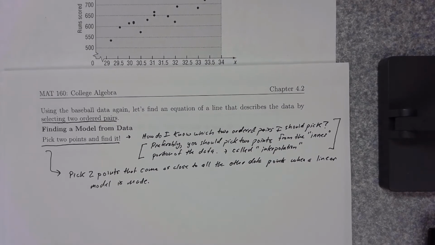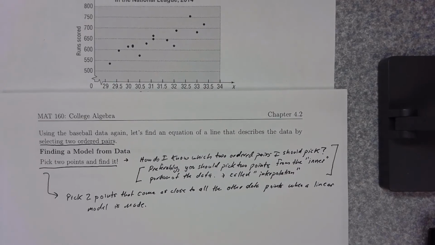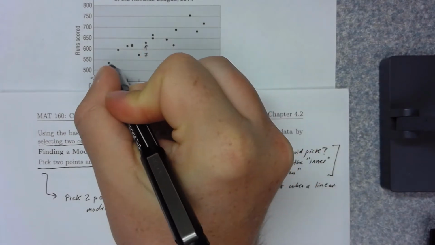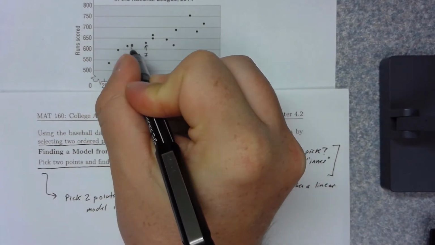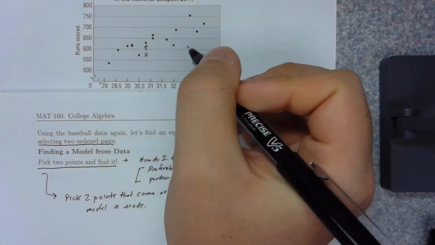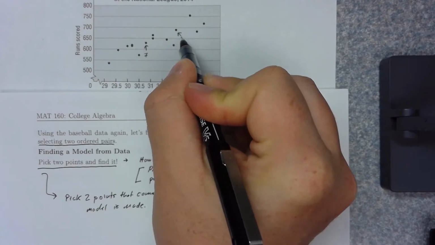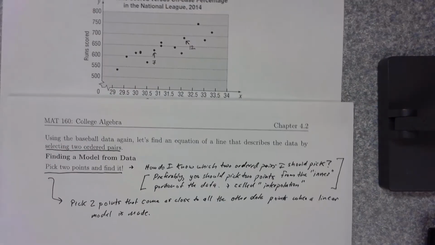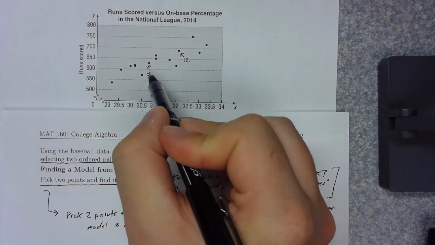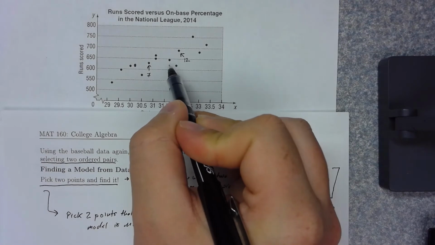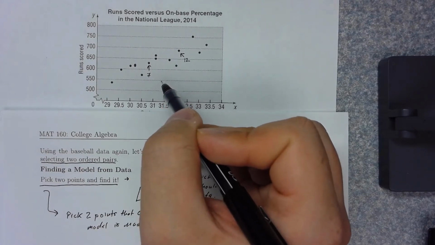So when I did this, I picked the points. On my scatter plot, I picked point number 7. So 1, 2, 3, 4, 5, 6, there's actually 2 here, 6, 7, and 8, 9, 10, 11, and I picked point 12. So those are the 2 points I picked. But that's not to say that if you pick point 6 and point 10 that your model would be wrong. You'd just have a different approximation.